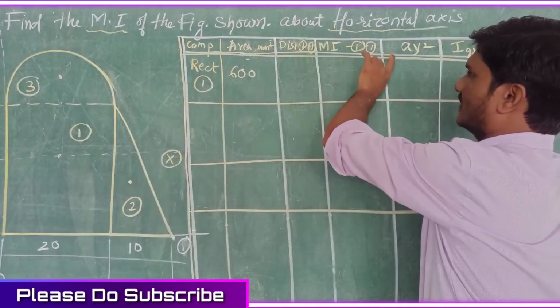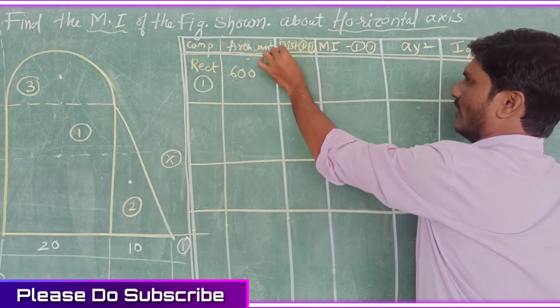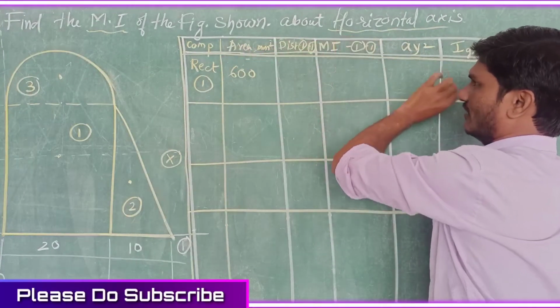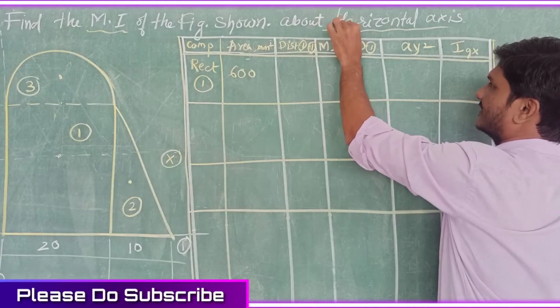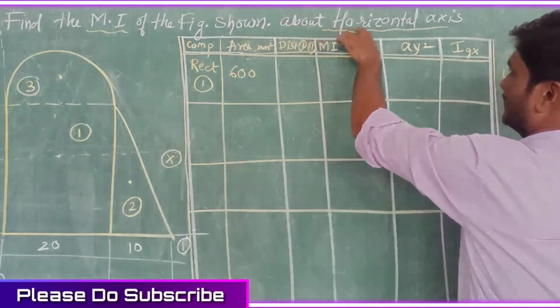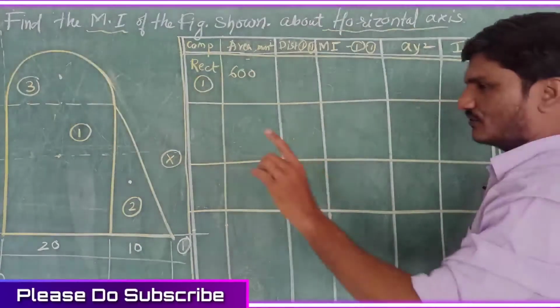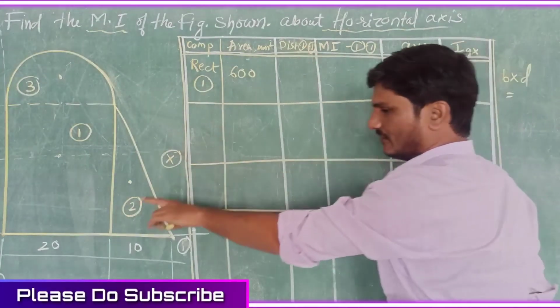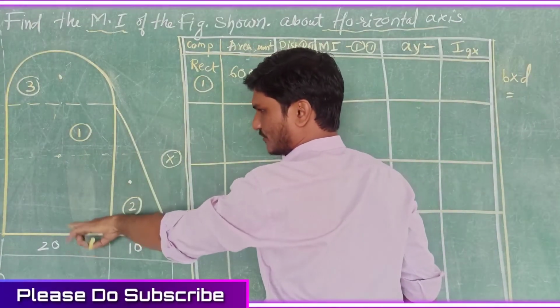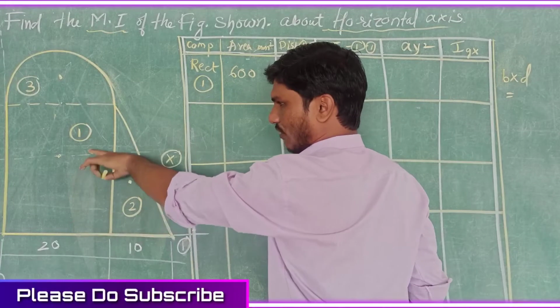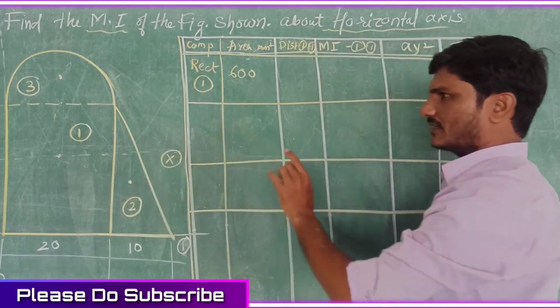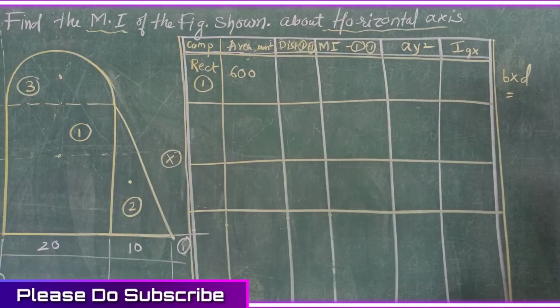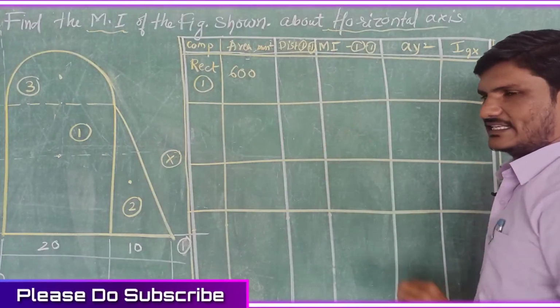Before all this calculation, why have I taken 1 dash? Only 1, because you need to calculate the moment of inertia about the horizontal axis. It means you need to calculate only the vertical axis values, that is y1 or y bar, anything, all represent the y axis. No need to calculate the x bar value.